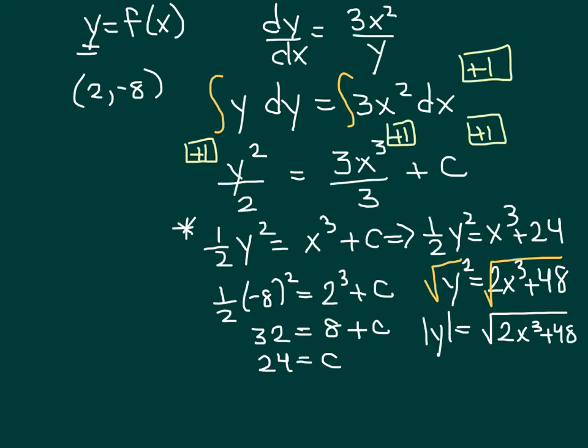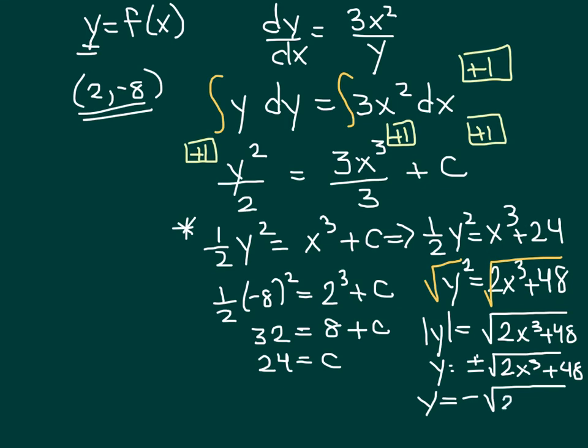Now we know absolute value, we could either have plus or minus as a solution. Now not both, because it's only going to be one equation that makes this initial point true. Now if you look at the initial point given to you, the output is a negative 8. So therefore, my conclusion has to be it's negative square root of 2x cubed plus 48. And that is the solution.